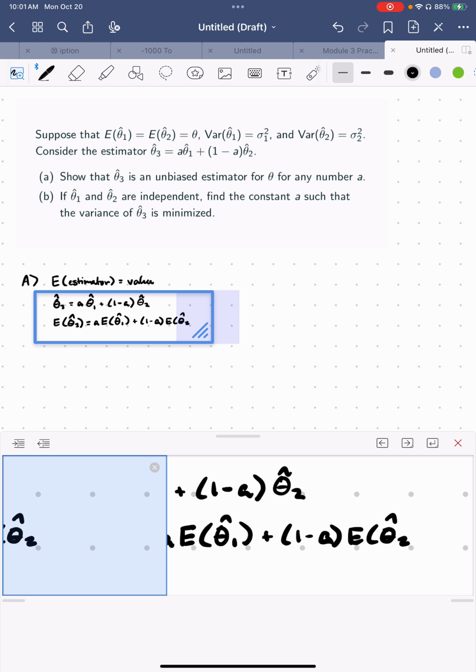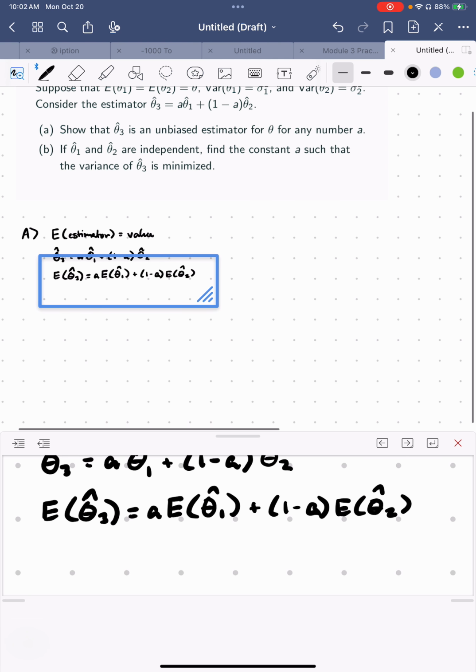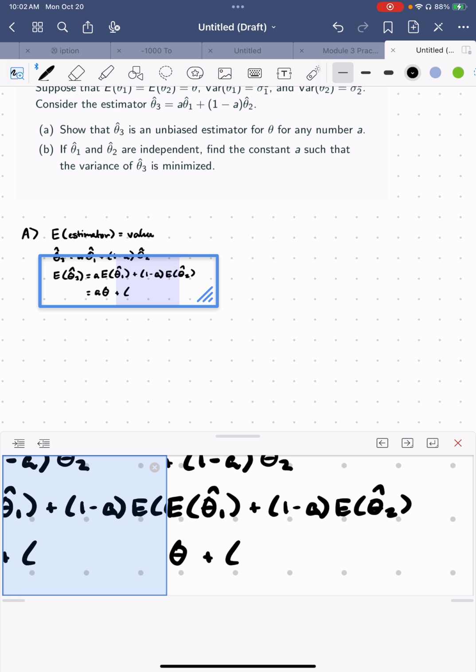And then we see here that the expected value of theta hat 1 and 2 is equal to theta. So this is equal to A theta plus 1 minus A theta.